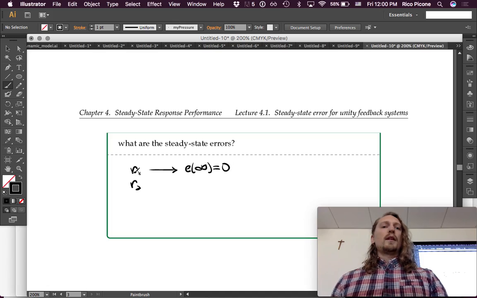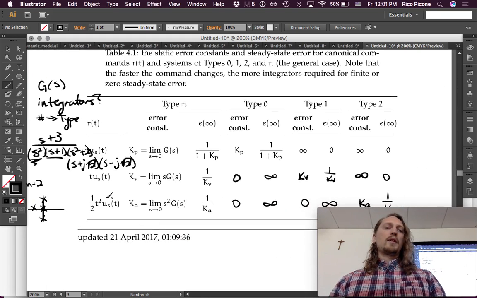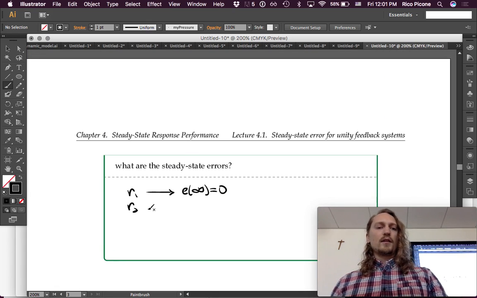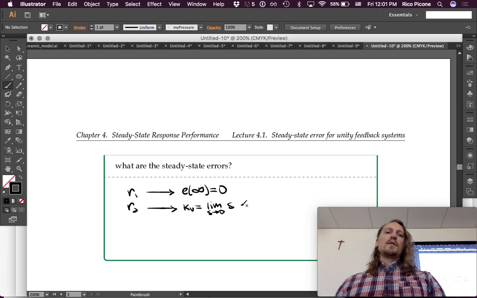R2 is a non-unit ramp, 6 times the unit ramp. For a ramp input, for the type 1 system, we have a finite steady state error, 1 over kV. You have to compute kV, which is the limit as s goes to 0 of s times g of s.